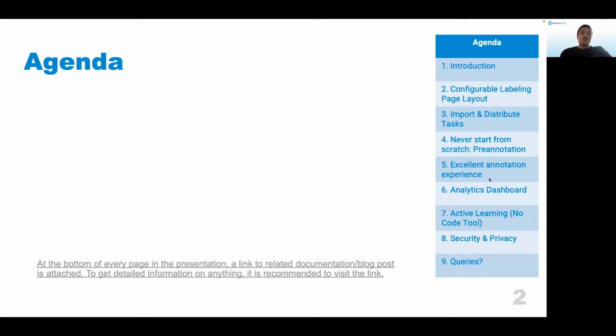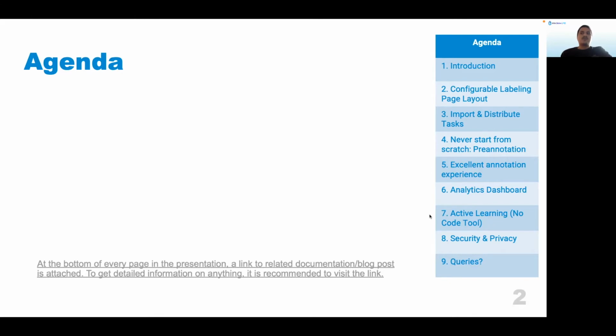Then we'll revisit the annotation experience, about how annotators can do their work in various different ways, with different layouts, shortcuts, and other things. And then I'll briefly talk about the analytics dashboard.